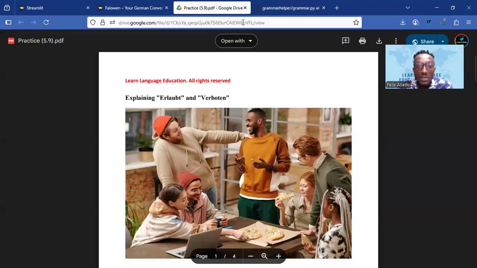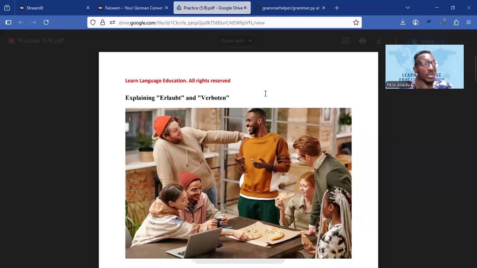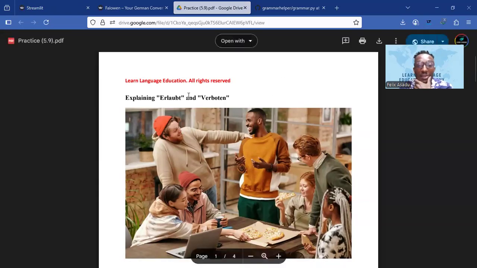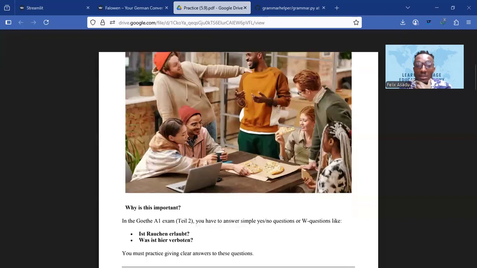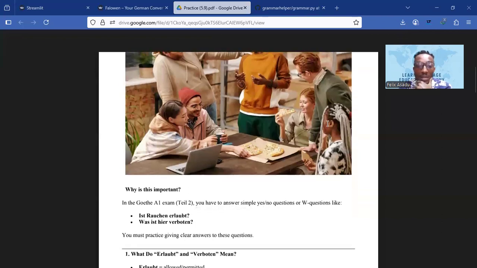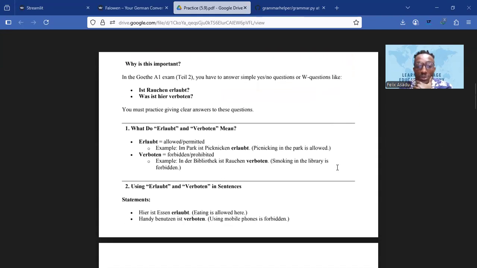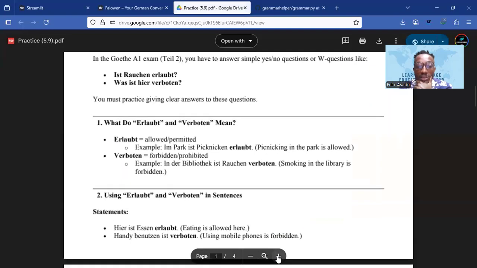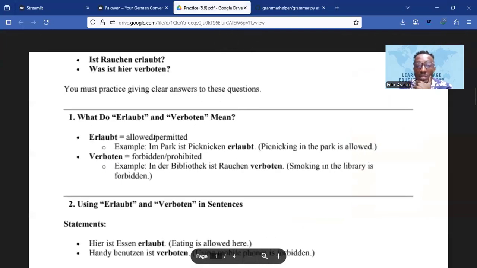In the A1 exams, in the Teil where you get a card, you are going to get a lot of erlaubt or verboten. One of the cards can be erlaubt or verboten. In simple terms, erlaubt implies allowed or permitted.